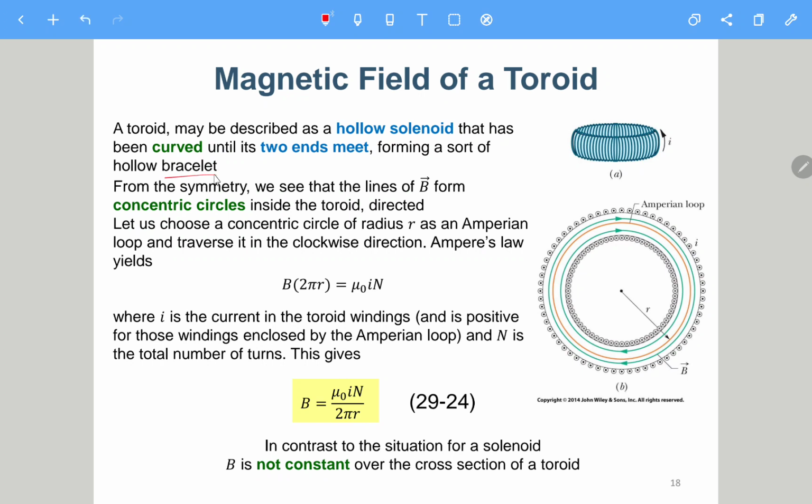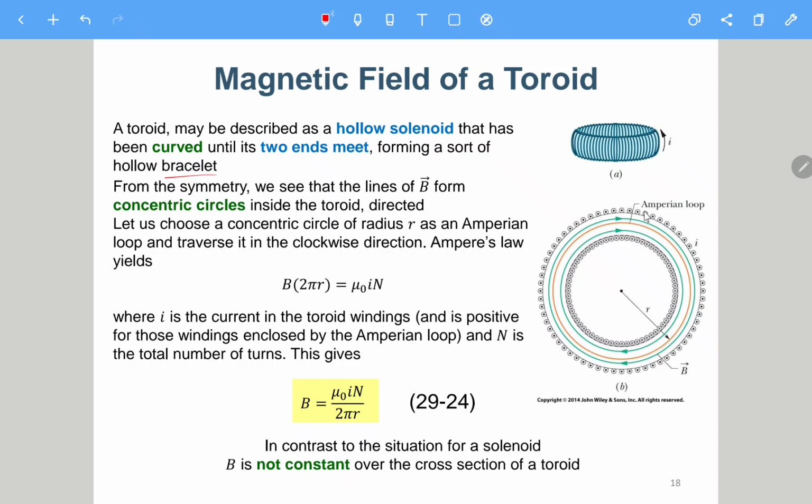From the symmetry we can see that the B lines form concentric circles inside the toroid. So this is the cross section of the toroid. You try to cut it like this, so this is the cross section diagram. These currents are going into the page, and these currents are going out of the page.